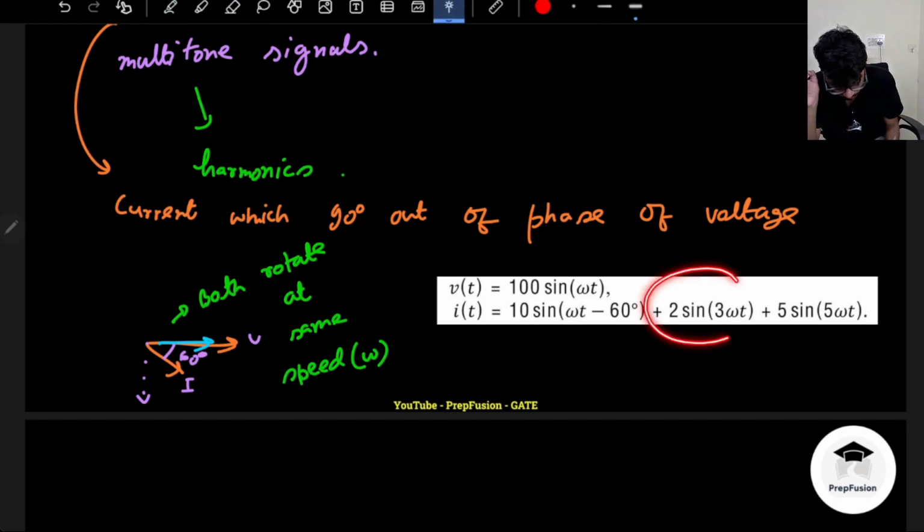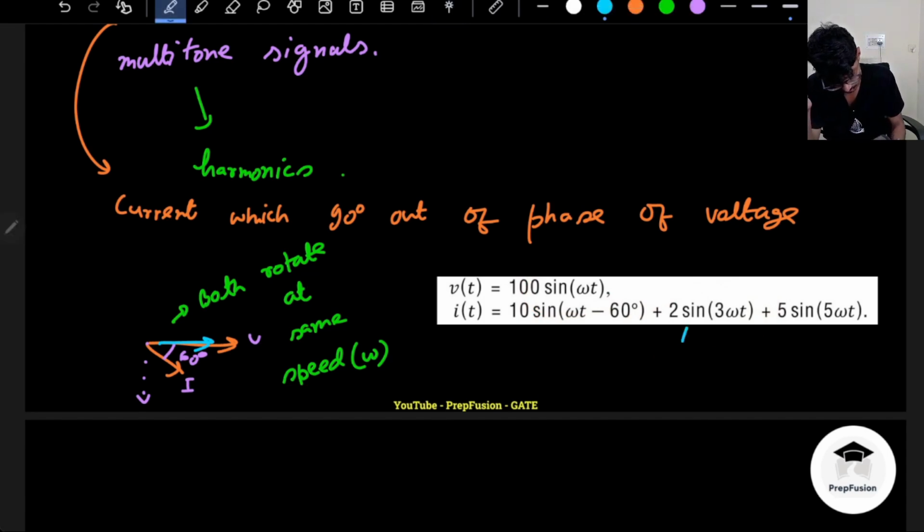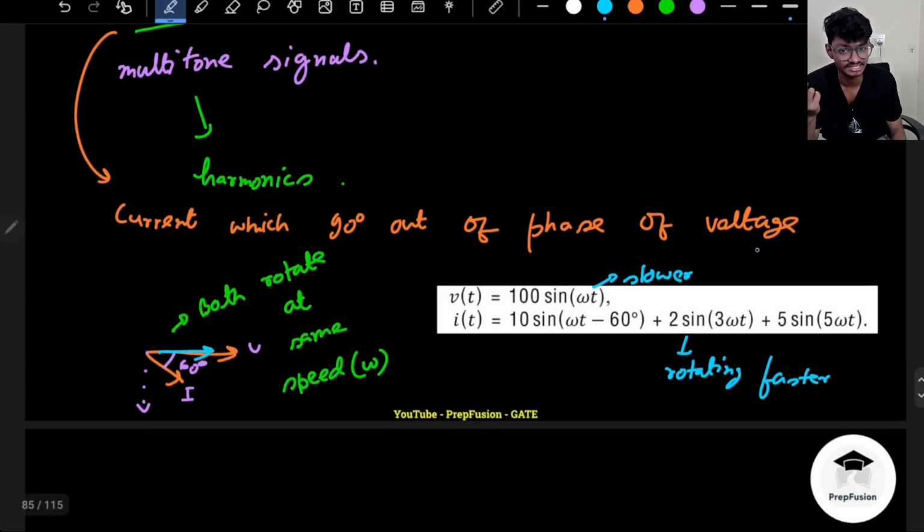What about this one? This rotates at a speed of 3 omega and the voltage rotates at a speed of omega. Frequency is more, so of course it will rotate faster than the voltage. So the phase difference will keep on changing.